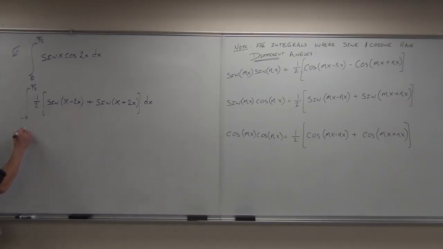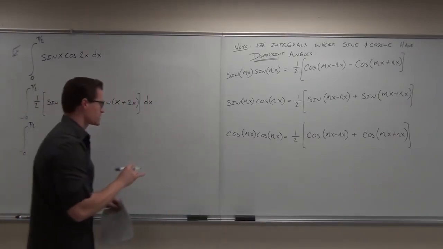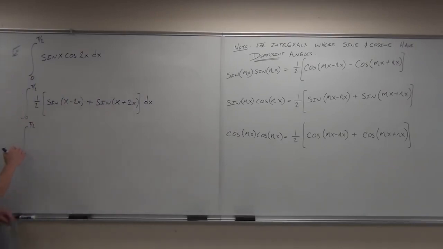Let's simplify it a little bit. What do we got here? Sine of negative x. Still 0 to pi over 2. We're not going to change those yet. We haven't done any substitutions, so we still have that. What now? Well, one half is out front. Okay, what now? Sine of what? Negative x, possibly. You okay with sine of negative x?